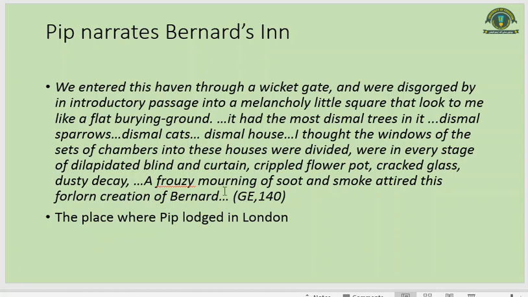So here you can see how he is depicting life in city areas, and what he thought and what he gets. He was thinking of some lavish life in London, but he found that Bernard's Inn was not a comfortable place, but a place like a grave.